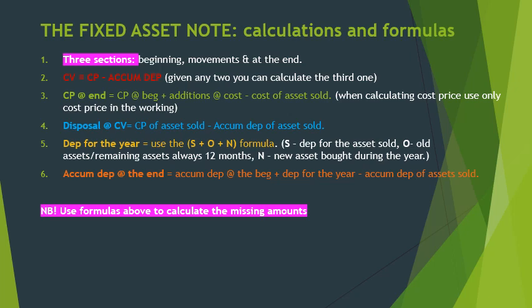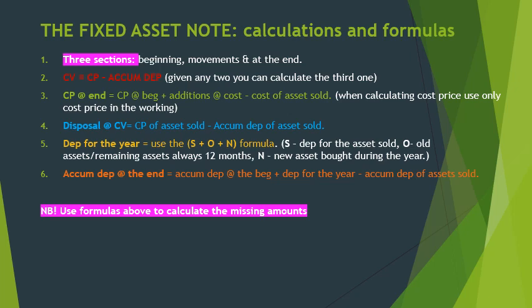So when calculating cost price, use only cost price in the working. We have noticed some transactions from yesterday's work which increase the cost price, the ones which we call direct cost, those transactions which increase our cost price.